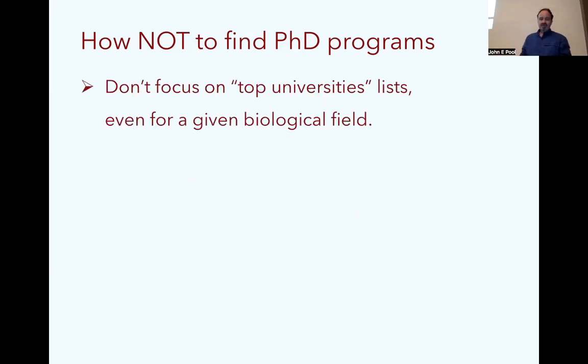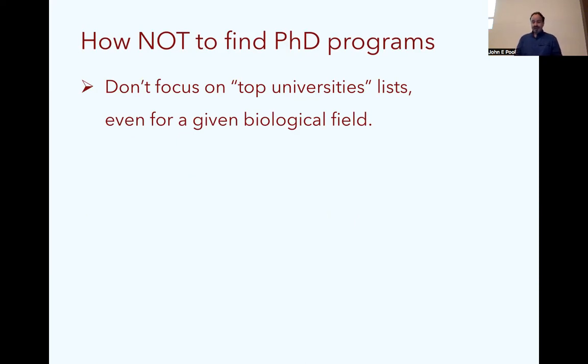I would say don't focus on lists you find online of top universities in a given field. For example, for fun, I looked up the US News top graduate schools for genetics and genomics.